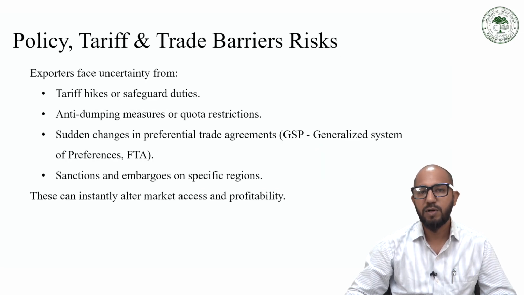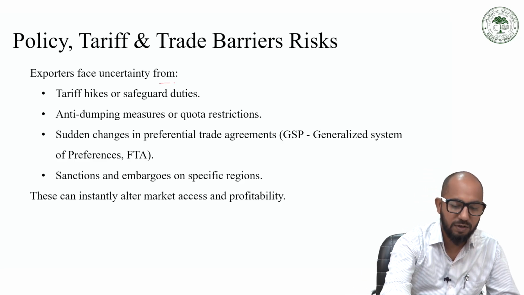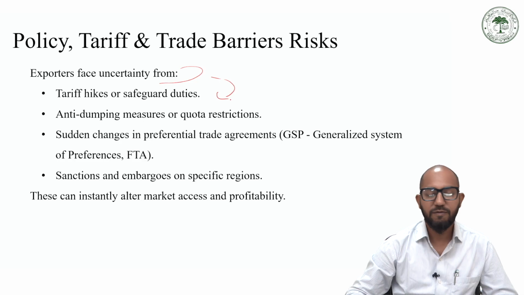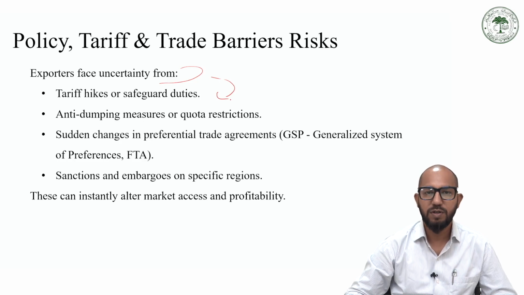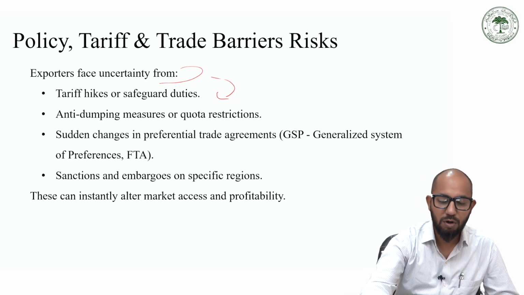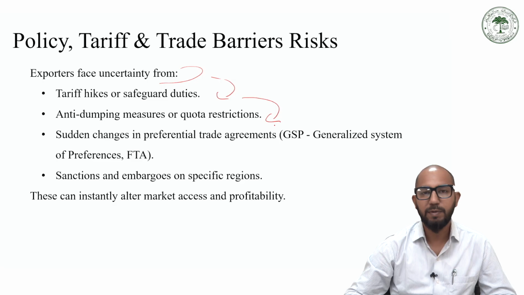Let us now try to understand policy, tariff, and trade barriers risk. Exporters face uncertainty from tariff hikes or safeguard duties. Similarly, they also include anti-dumping measures or quota restrictions.